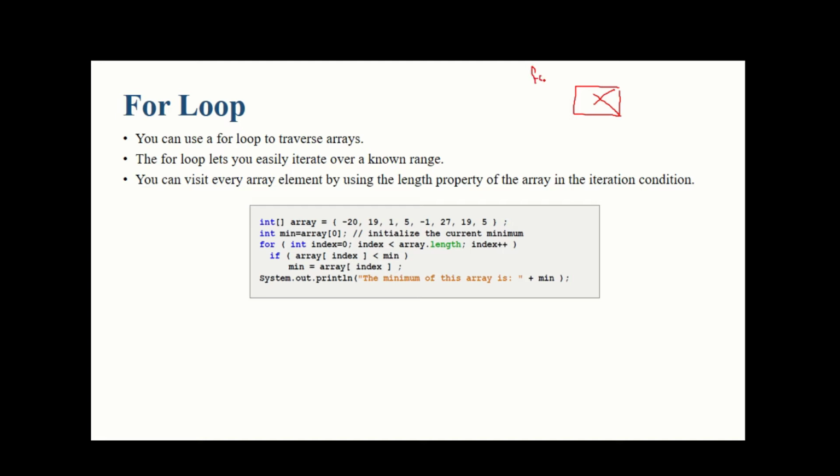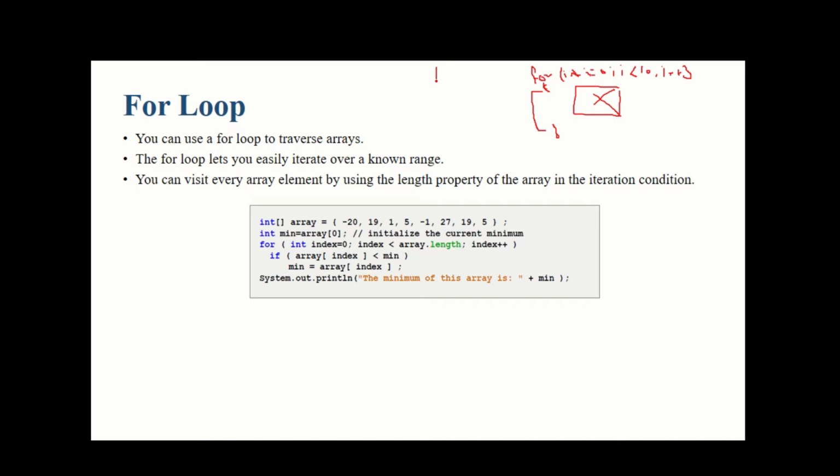You say for, and you put an integer, for example int i = 0; then a semicolon, then the condition i < 10; then after that i++. Then you open the bracket here and close it here. Everything inside these two brackets will be repeated. So this is the for.